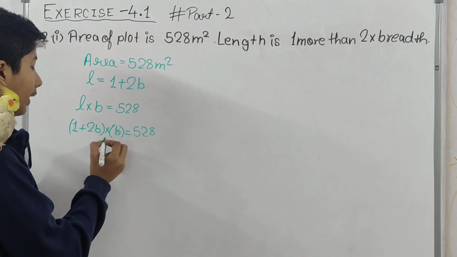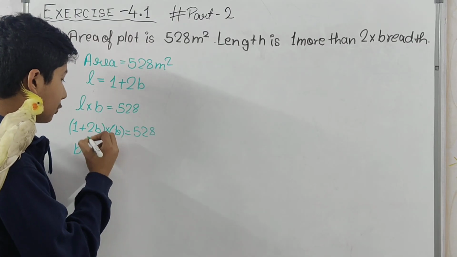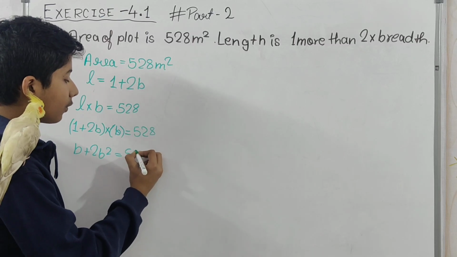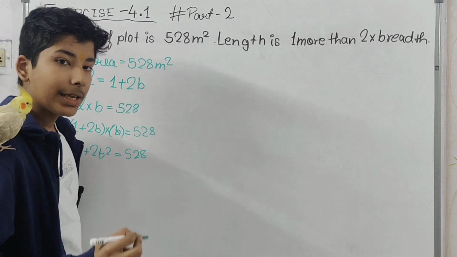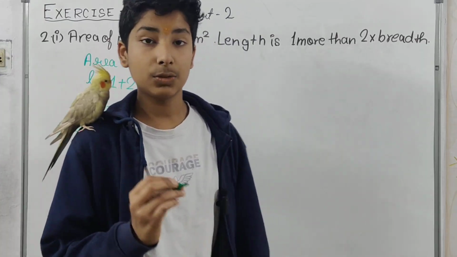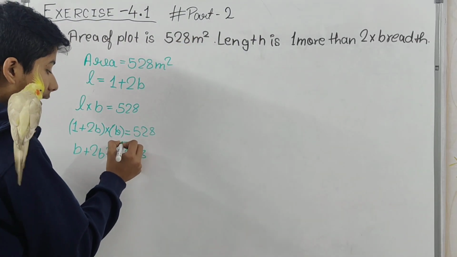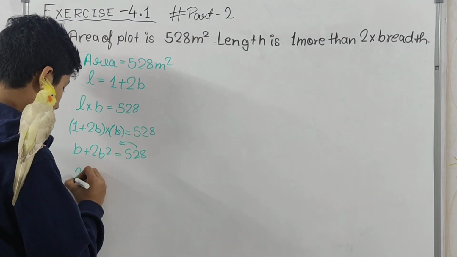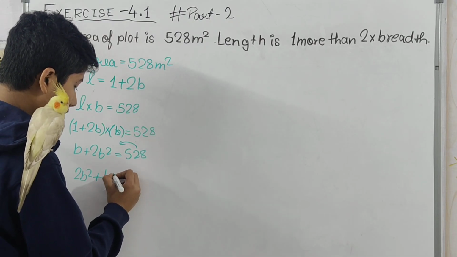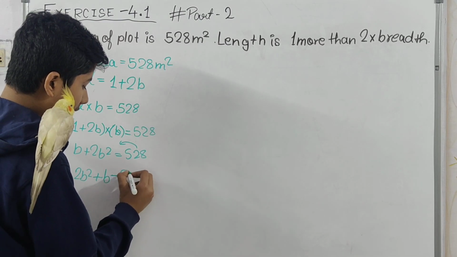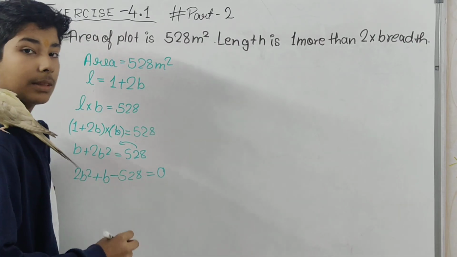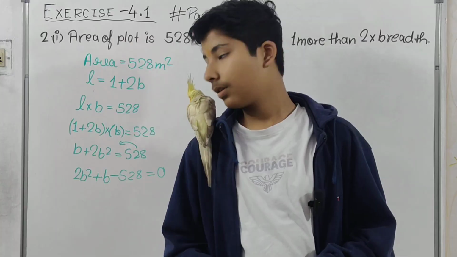Let's solve this. 1 into b is b plus 2b into b is 2b square equal to 528. So when we arrange this in the form of ax square plus bx plus c equals to 0, we will have to set it that side. It will become 2b square plus b minus 528 equal to 0. This is our quadratic equation.